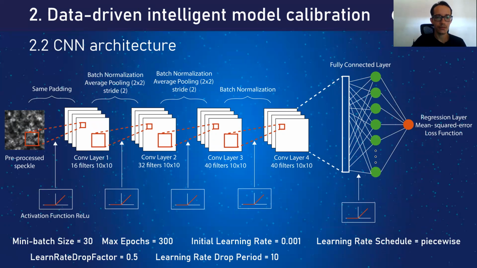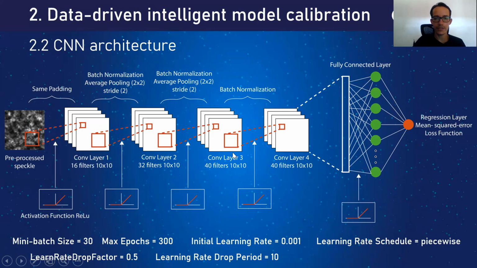Concerning the CNN architecture used to obtain the regression model, this architecture is composed of an input layer followed by 4 convolutional layers, where the first one has 16 filters, the second one 32 filters, and the 2 others have 40 filters.